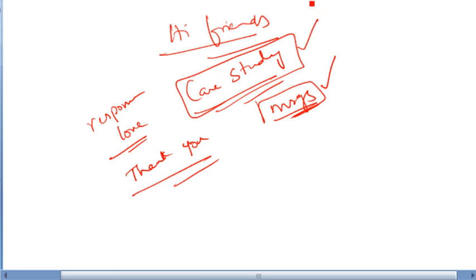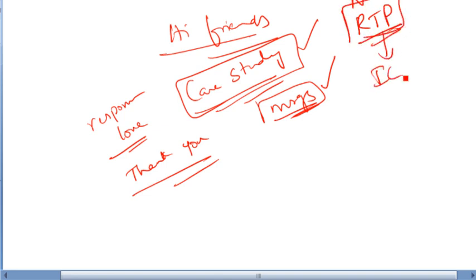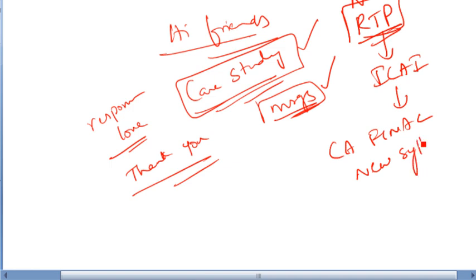Now, this time, this case study has been taken from the new RTP, which has been released by ICAI for CA final, new syllabus. Okay, CA final new syllabus students. In that way, it will be useful for them, right?